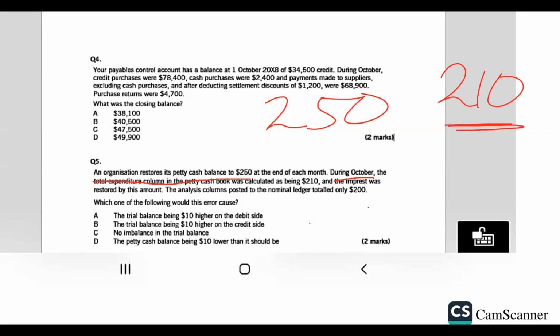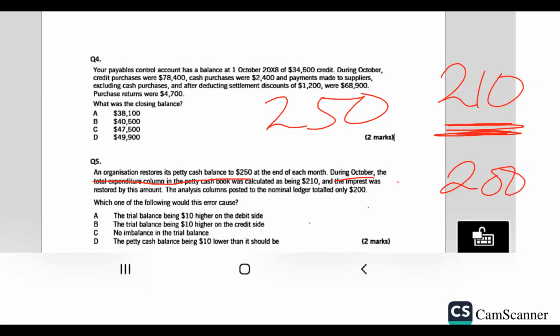The imprest was 210. The analysis columns posted to the nominal ledger totaled to only 200.